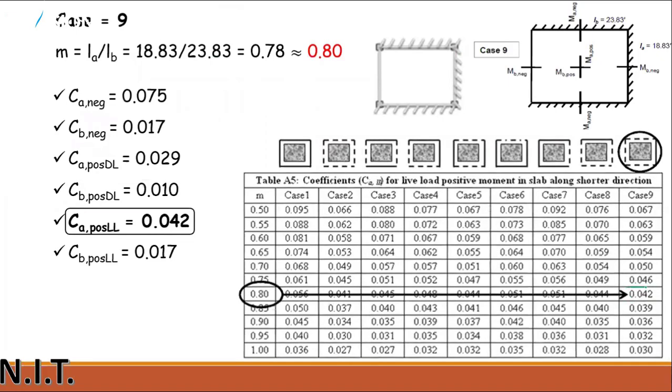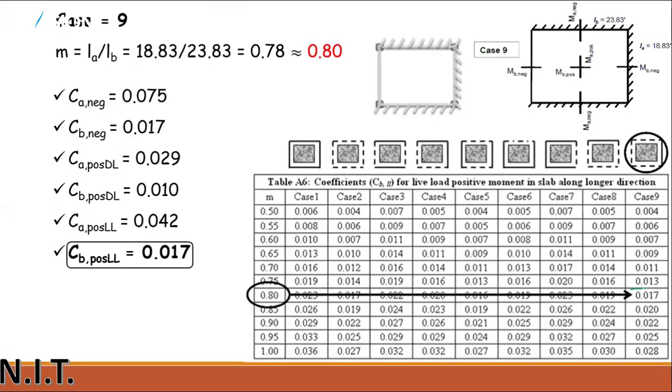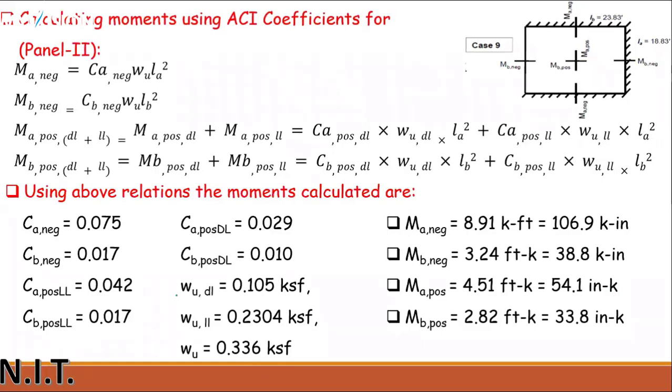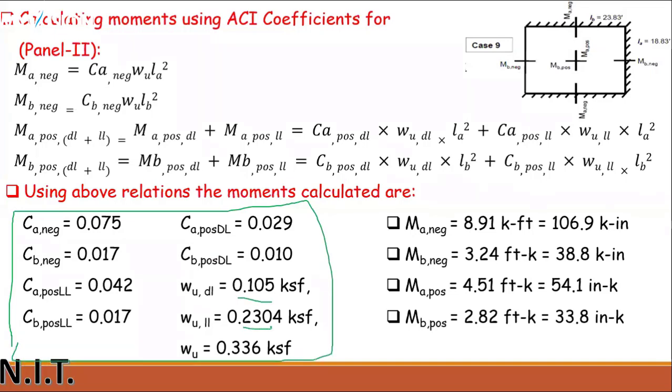CA positive live load is 0.042 and CB positive live load is 0.017. Once you have all these coefficient values, and we have already calculated the value of W dead load, W live load and total W, you put these values in these four formulas and you will get the four moment values. Clear?